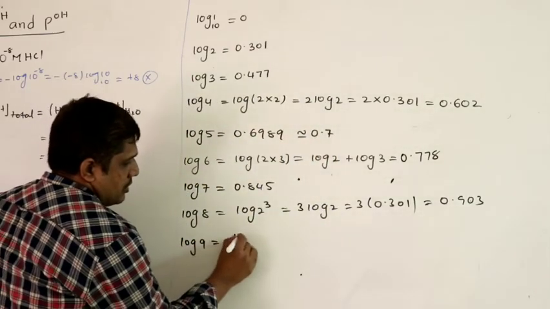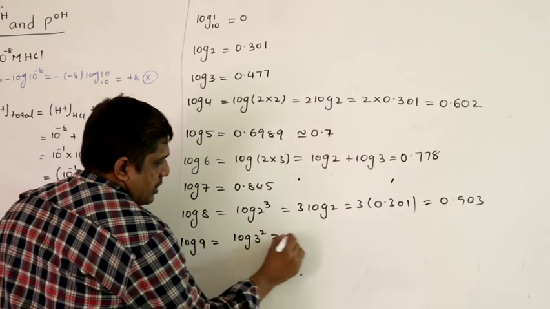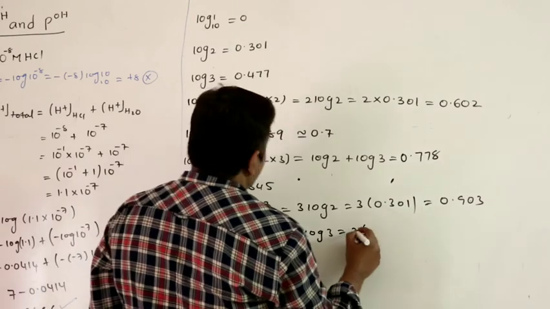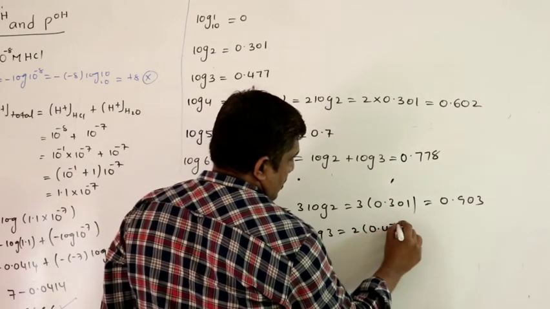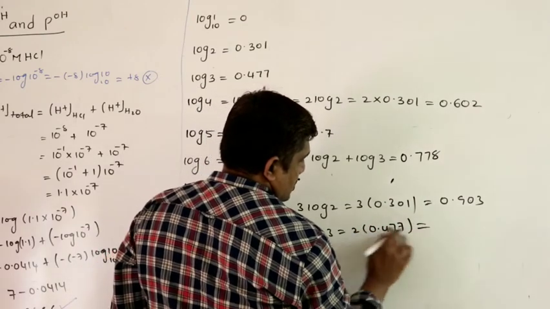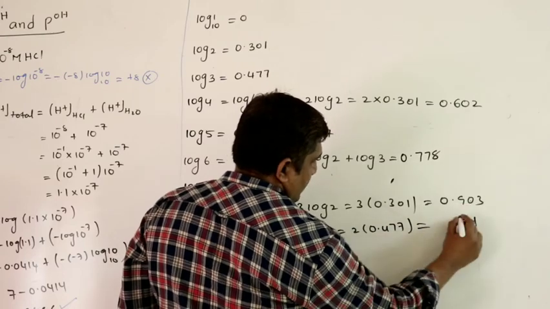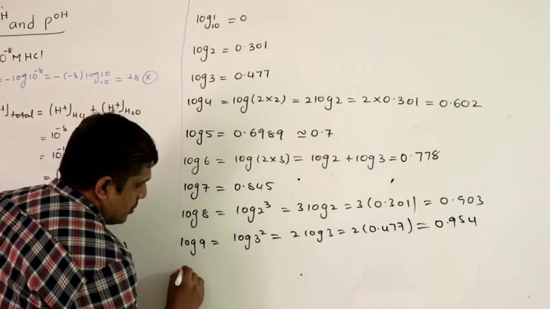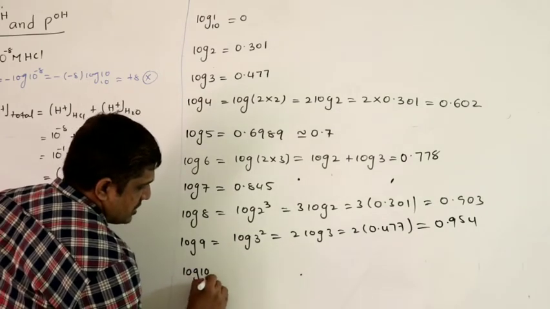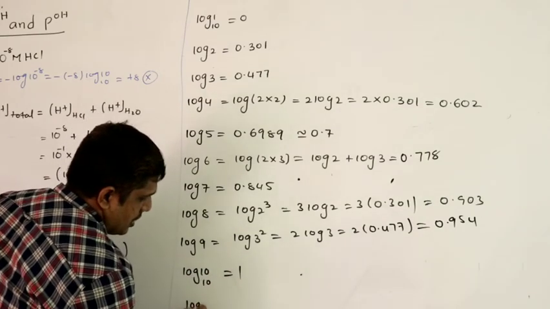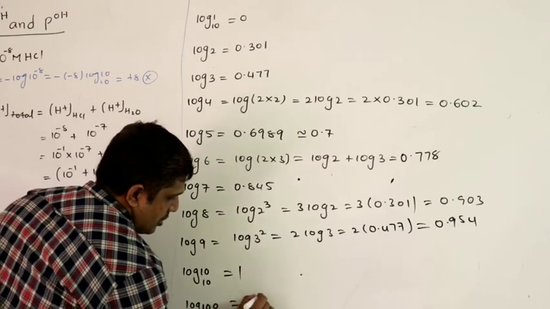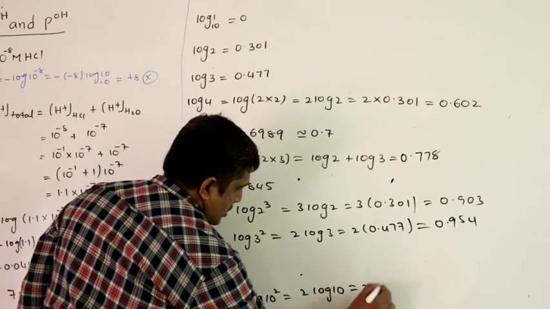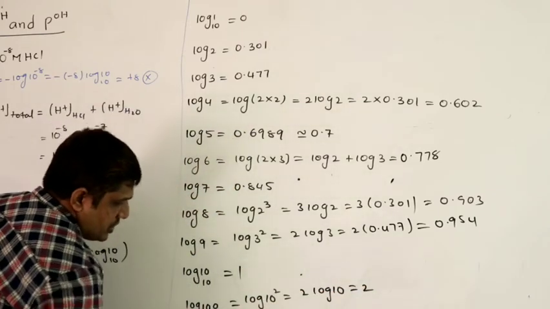Log 9 is nothing but 3 square, so 2 log 3, which is 2 into 0.477, which is 0.954. Log 10 to the base 10 is 1. Log 100 is log 10 square, that is 2 log 10, which is 2.